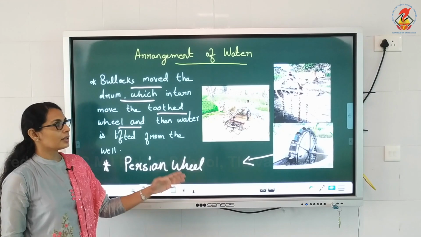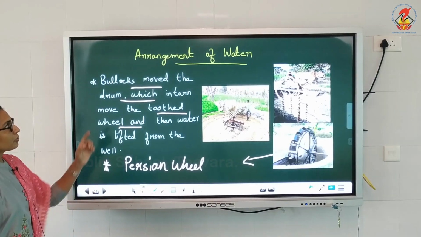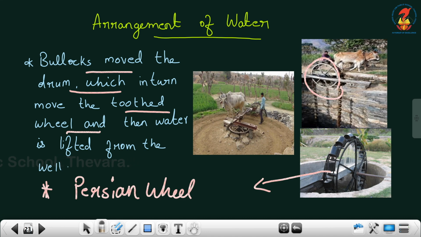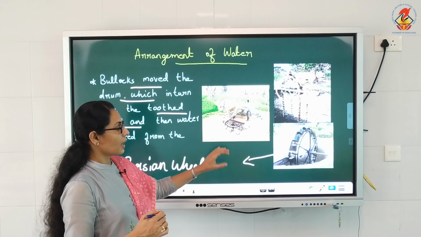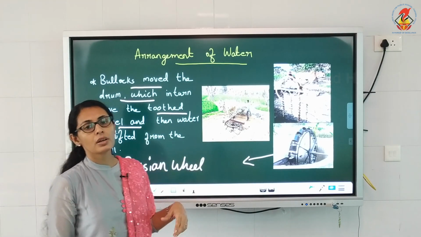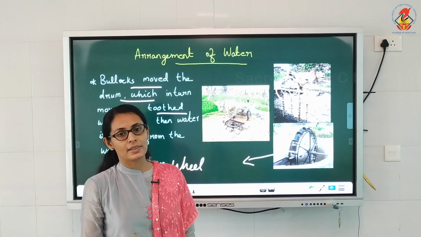From the well, how did they take the water? Through bullocks. Bullocks move a drum, which in turn moves the toothed wheel, and when this toothed wheel is turning around, the water is lifted up. In this way the water, through pipes, is taken to different parts of the fort, including the palaces.